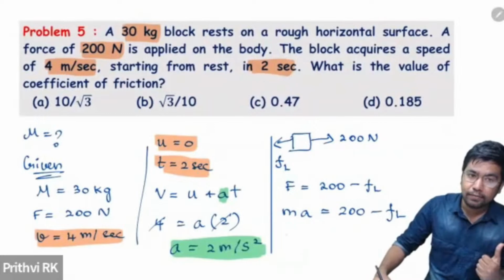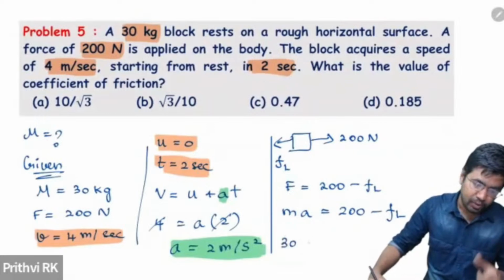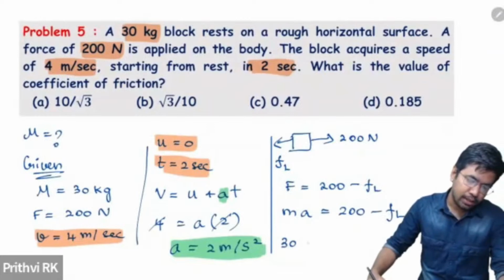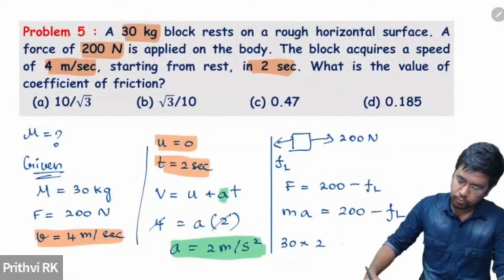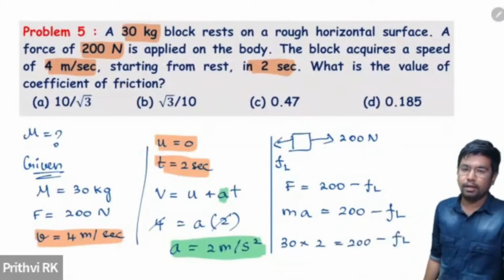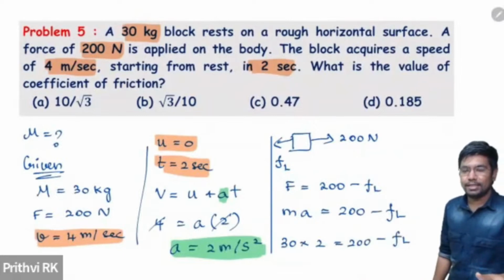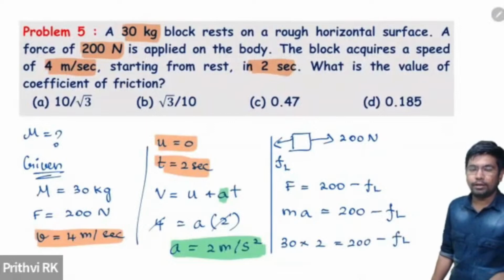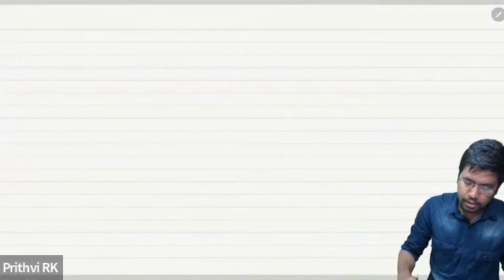The mass given in the question is 30. The acceleration we have found is 2. So 30 into 2 equals 200 minus FL. 30 into 2 is 60, right? So we have to subtract 60 from 200, and we'll get the answer easily, which I will do on the new page.